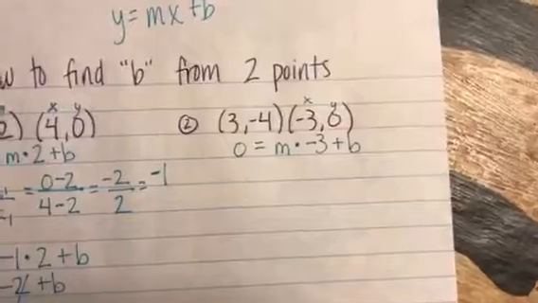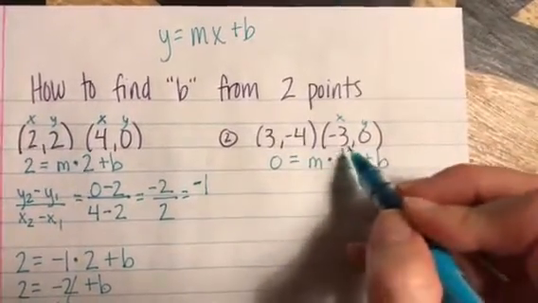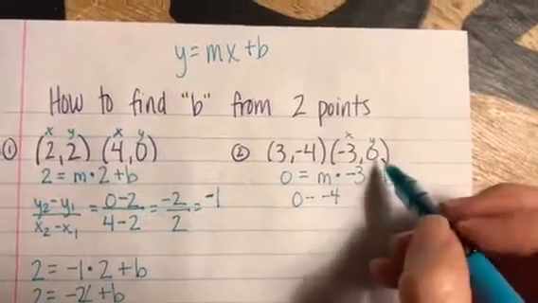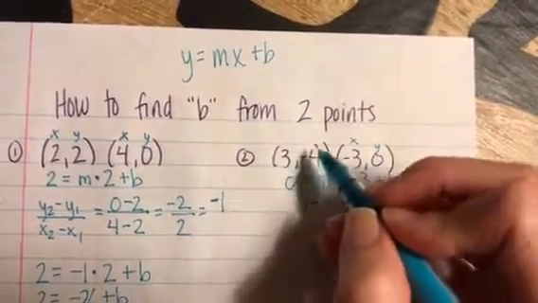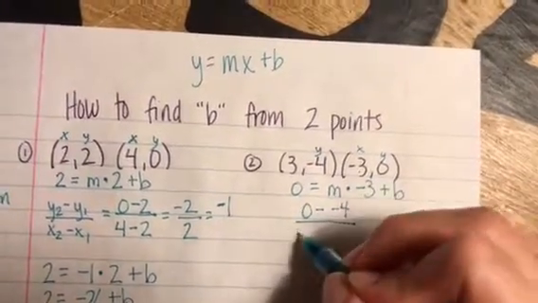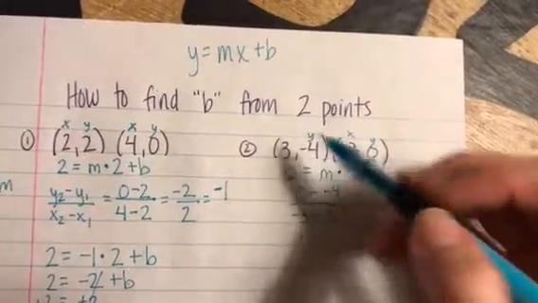Now we've got to find out what m is. So again, I'll use the 2-point formula. 0 minus negative 4, because I have y minus y, over negative 3 minus 3, because I have x minus x.